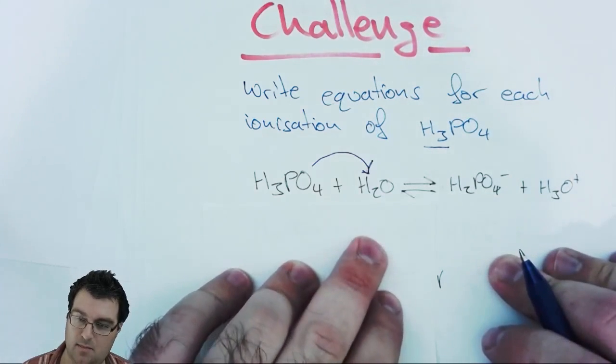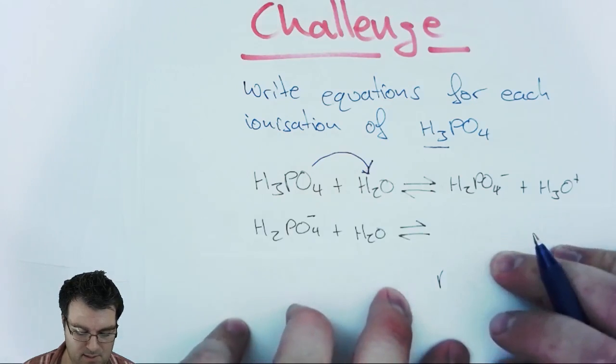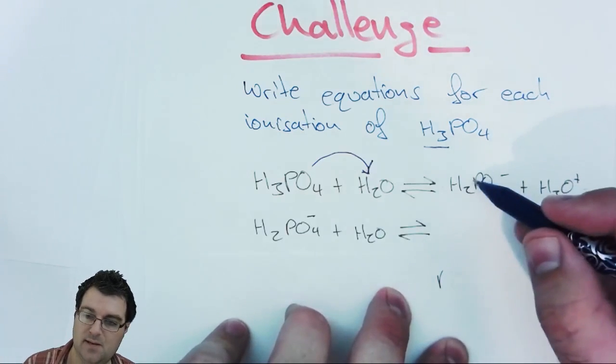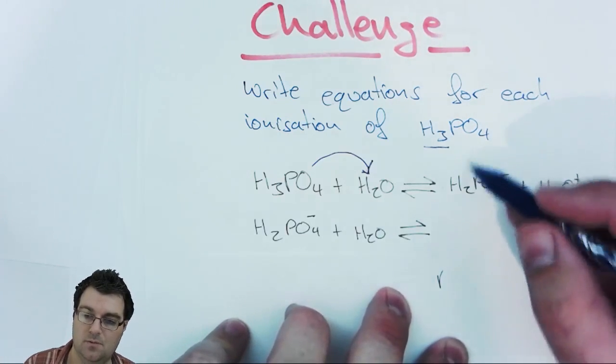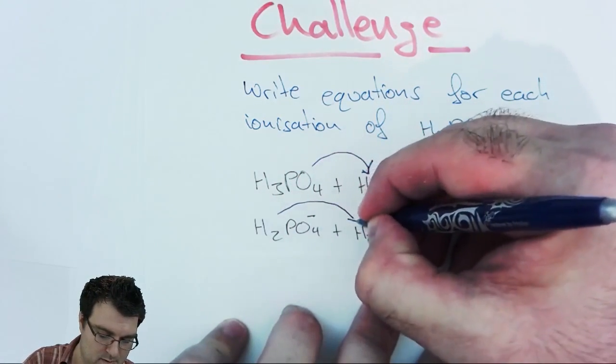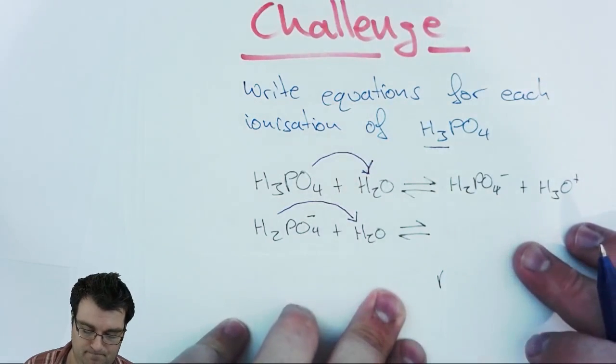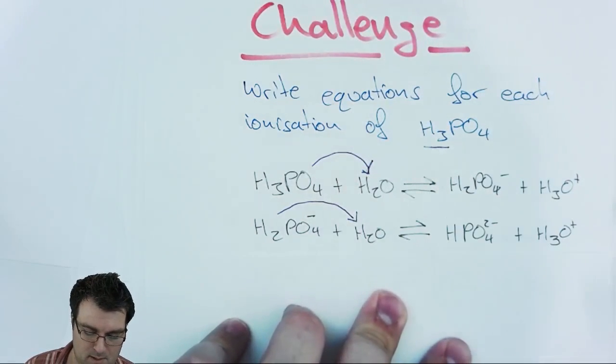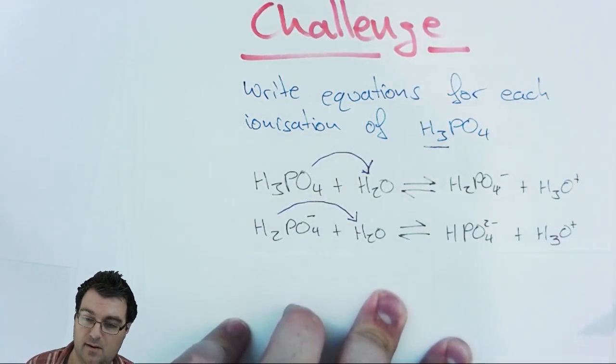Now, for our second and third ionization, our chemical species here is going to go on to react further by donating further protons to water, again forming a second hydronium ion.